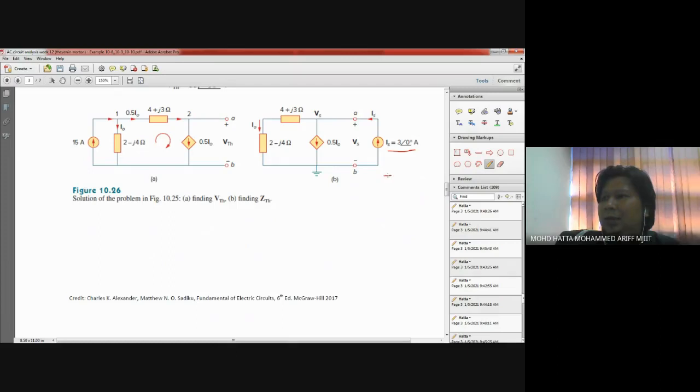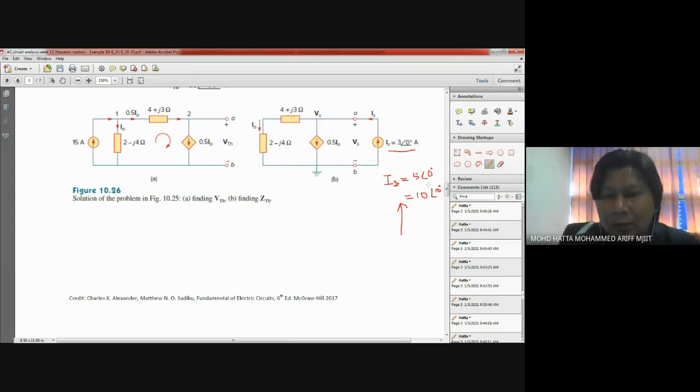Maybe you can also put IS equals to 5, angle of 0, or you can put 10 with angle of maybe 10 degrees. It doesn't matter, because this is a test source, you can put any value and any angle.